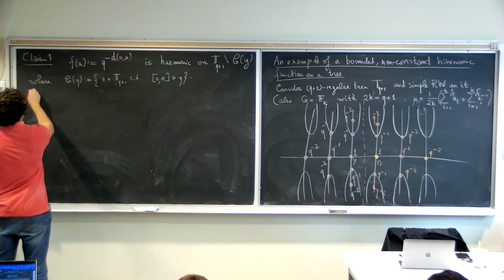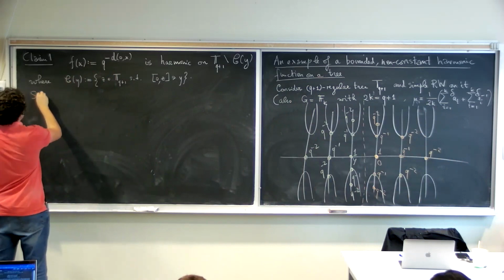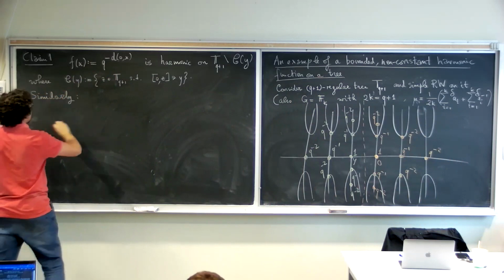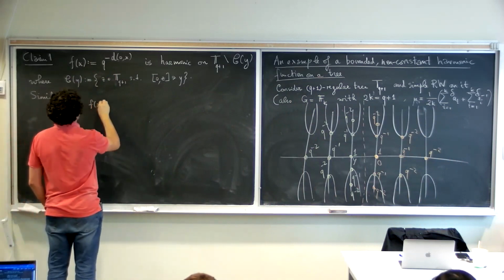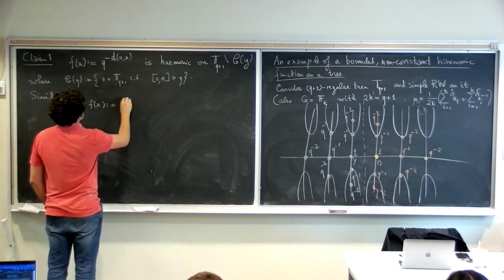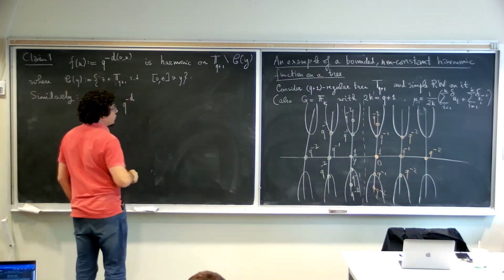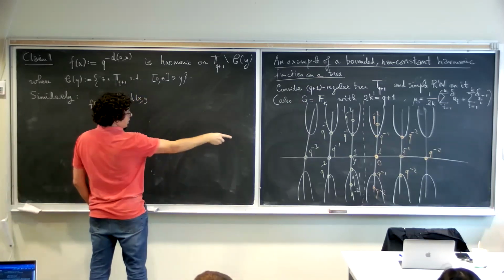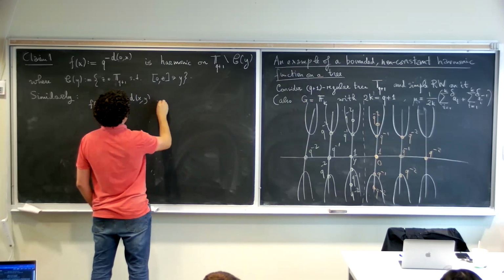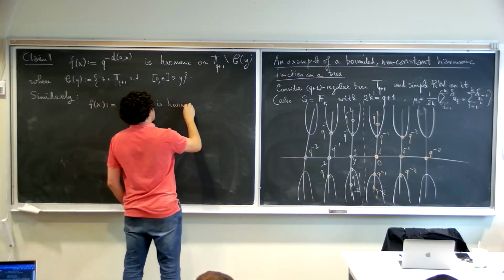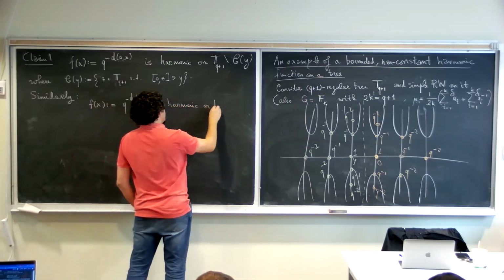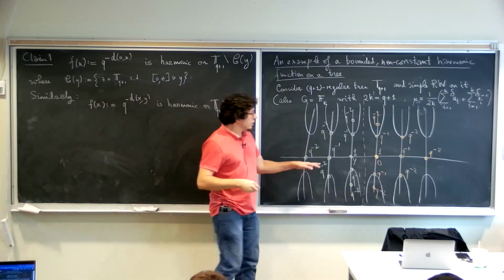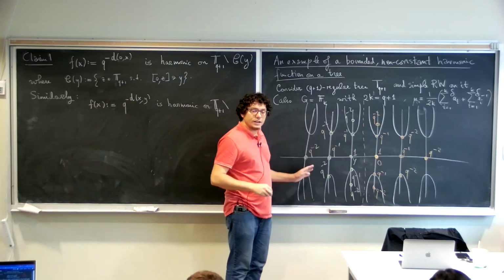Now, the second claim is similar. If you take f of x equals q to the minus the distance between x and y, where y is at the particular point there, this is harmonic on the tree minus, in this case, the left-hand side.